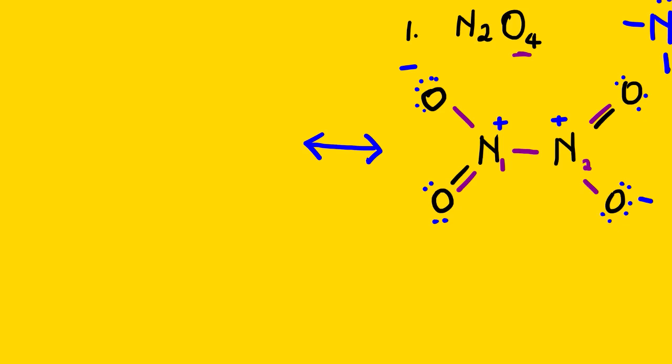Let us start with the movement of electrons at this section. We can see that we have this oxygen with lone pairs. Now we are going to take this pair of electrons and bring them here.